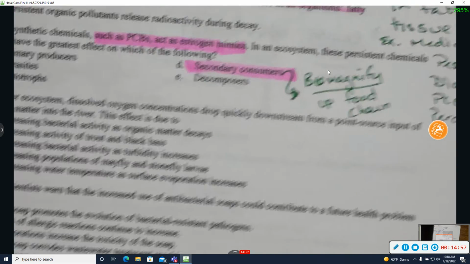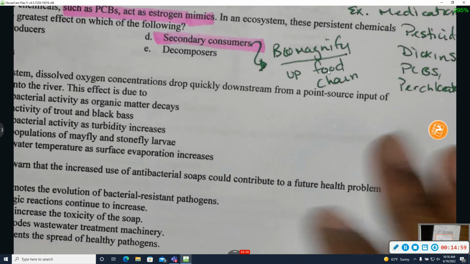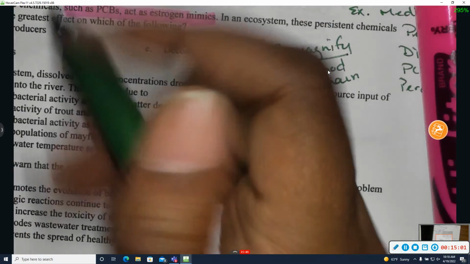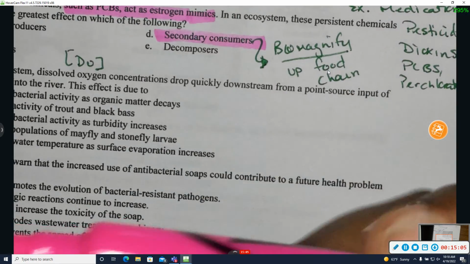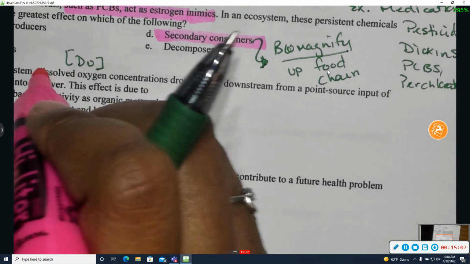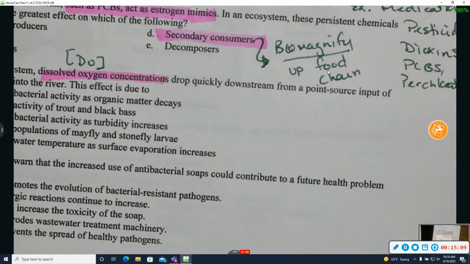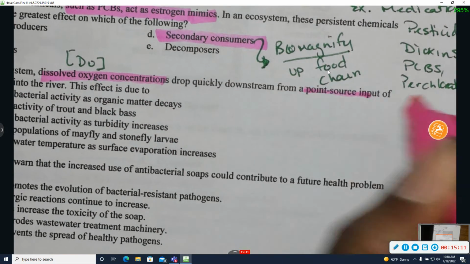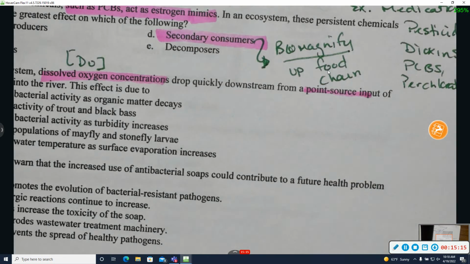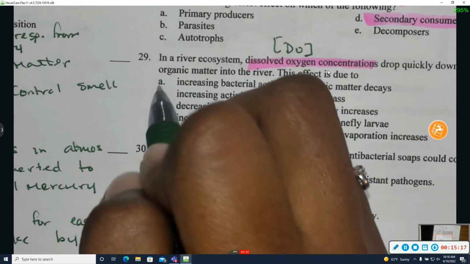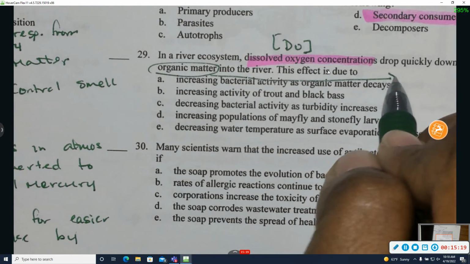Okay, so the next one says, in a river ecosystem, the dissolved oxygen, remember DO, concentrations drop quickly, probably because BOD has increased. So you've got a point source input of organic matter. That organic matter really could be anything.